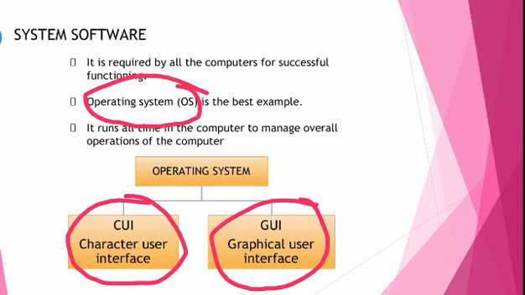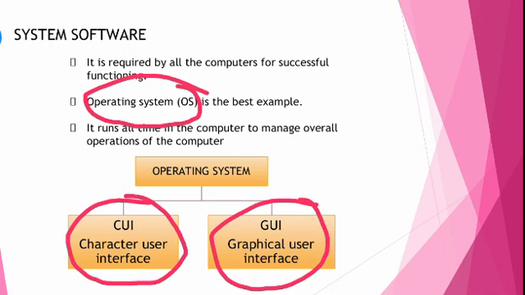Let me tell you. An interface is nothing but the interaction between the system and the user. The user is nothing but we human beings. So the interaction, the giving and getting of information, or receiving and sending, whatever it may be, between human beings and the system, that means the computer, is called the interface.